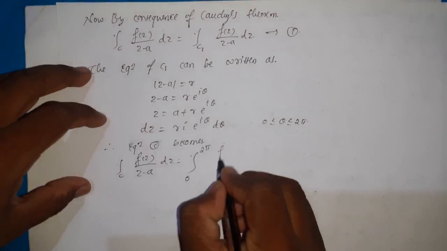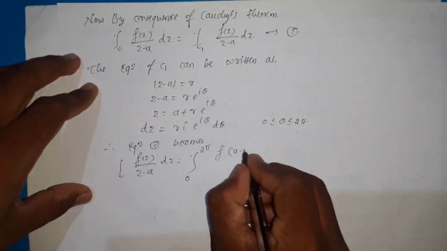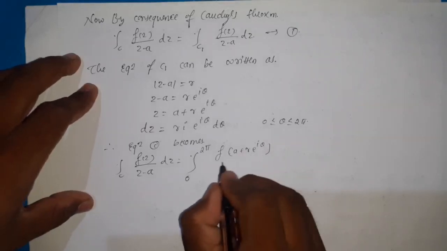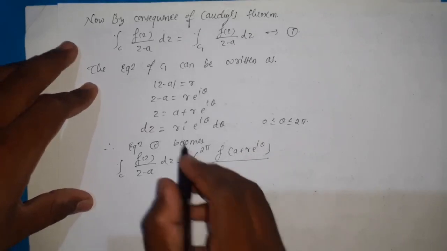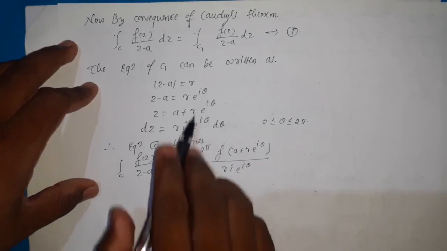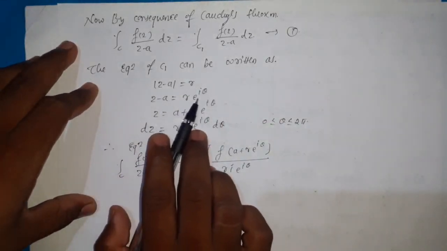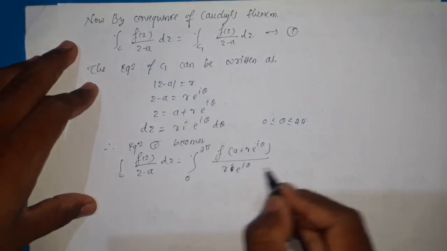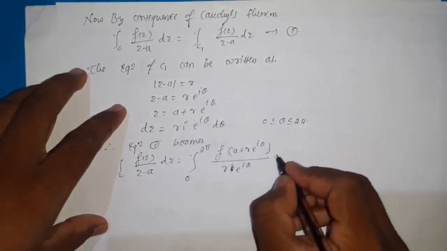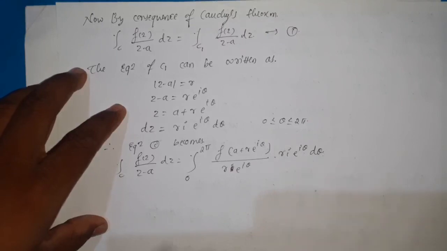So here z is equal to a plus r into e power i theta, and z minus a is equal to r into e power i theta, and dz equal to r into i into e power i theta d theta.